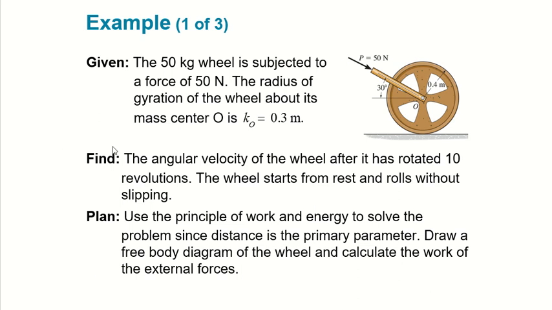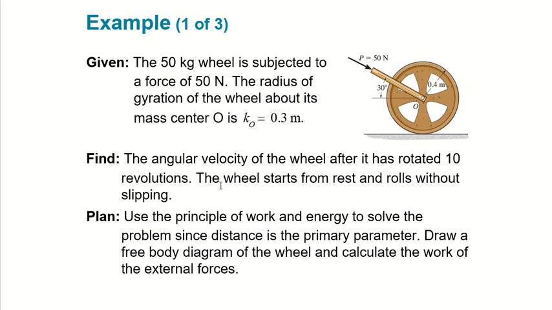Alright, we'll get into an example here. We're dealing with a wheel, subjected to a force. You have a force of 15 Newtons at an angle, and the radius is 0.4. The radius of gyration of the wheel about its mass center, which is your O, written with a little k, is equal to 0.3 meter.